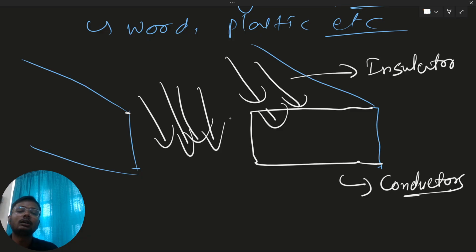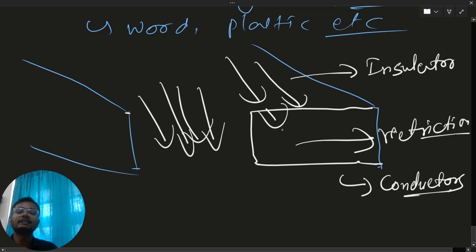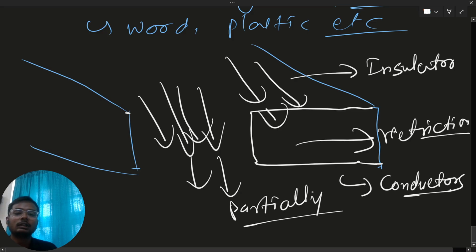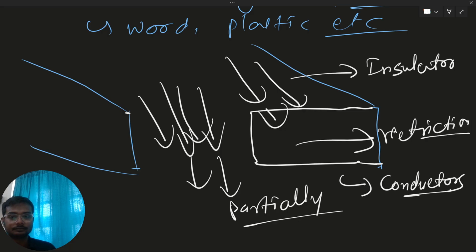That many students cannot go at one time. Some restrictions will be there. This gate is half open, so some restriction is there. So semiconductors are the materials which will allow partially, in an easier way you can say. Okay, is this clear?